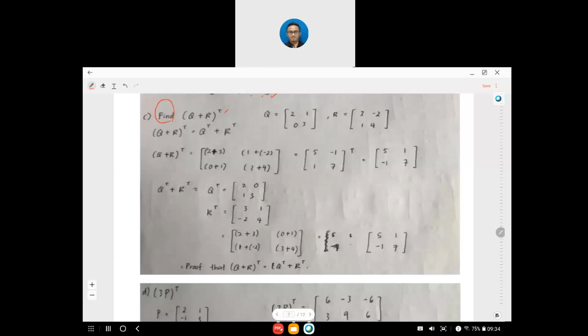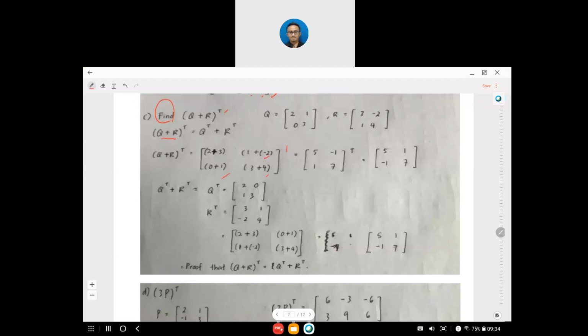Okay, also the same thing. Whether you find Q plus R first or you find Q transpose plus R transpose. Okay, so yang kawan awak ni buat macam mana ni? Okay, so this one Q plus R transpose. Q plus R. 2 plus 3. 1 plus negative 2. 0, 1, 3, 4.